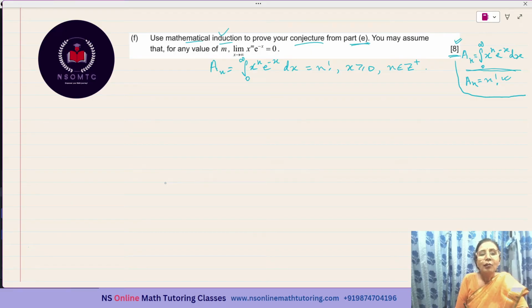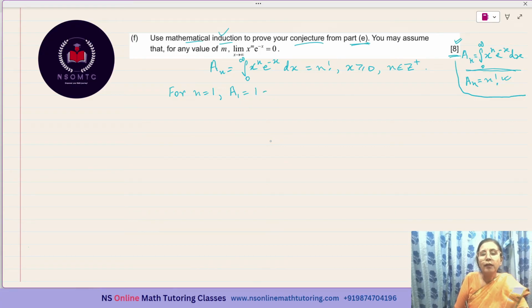Okay, so we can write that for n equal to 1, a1 was equal to 1, or factorial 1, from part C(ii).